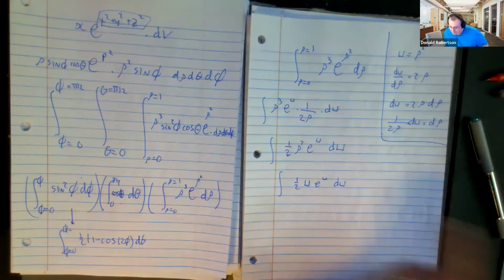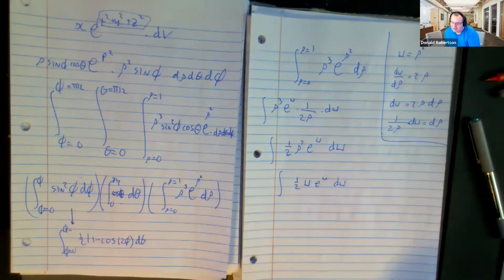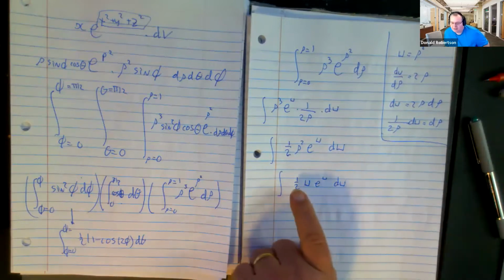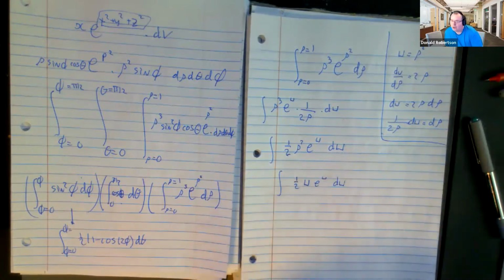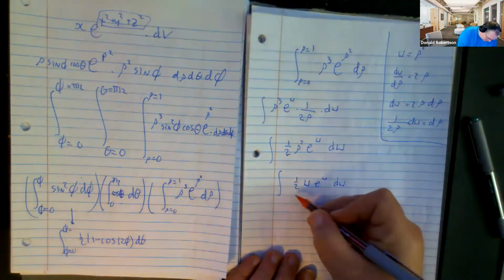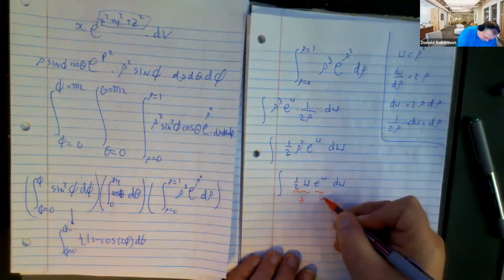Now, I have a different problem, and I'm now going to tackle this a different way. How are you going to integrate a half U e to the U? What method will you use this time? Integration by parts. So make that F, make that G, and have fun.